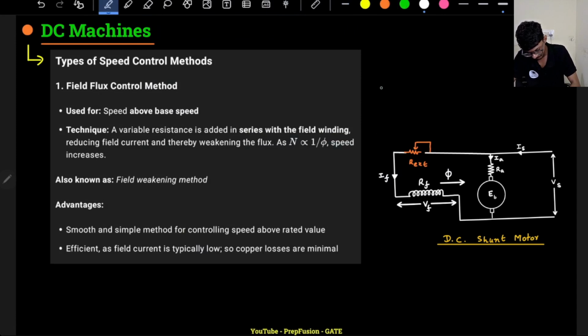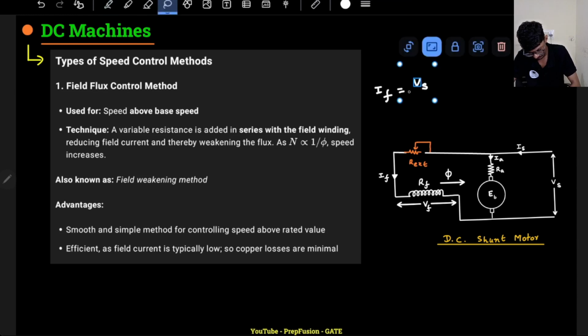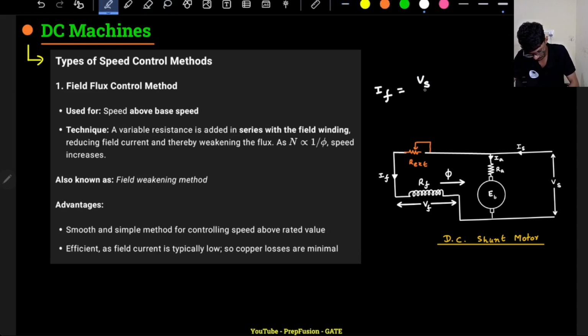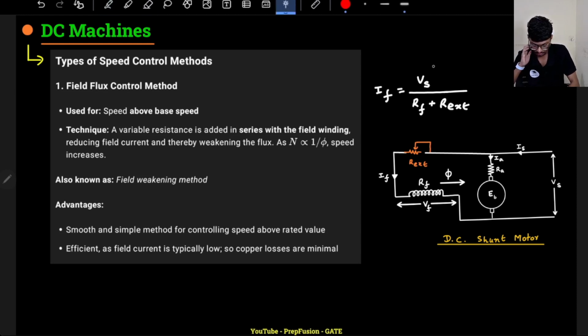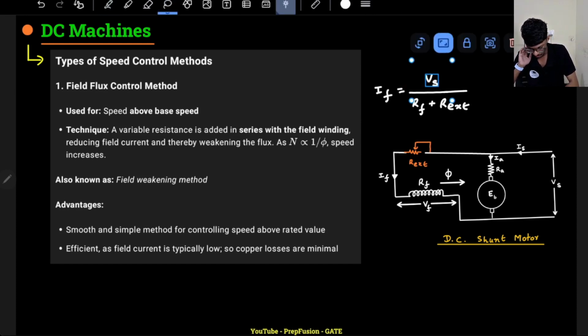My IF current will be equal to Vs divided by RF plus R external.